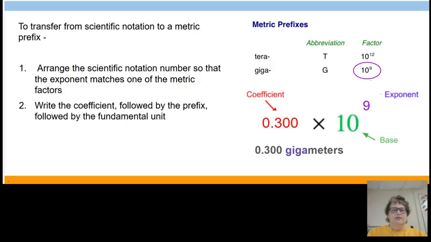That's okay, because we're going to get rid of that times 10 to the exponent. So then it's no longer a coefficient. So we're going to arrange the scientific notation so that the exponent matches one that's in our factor list. And then you're going to either keep the coefficient or change the coefficient depending upon that.